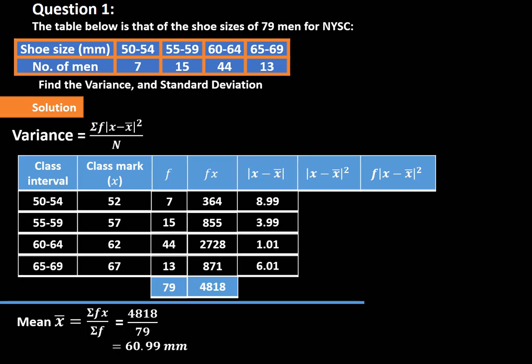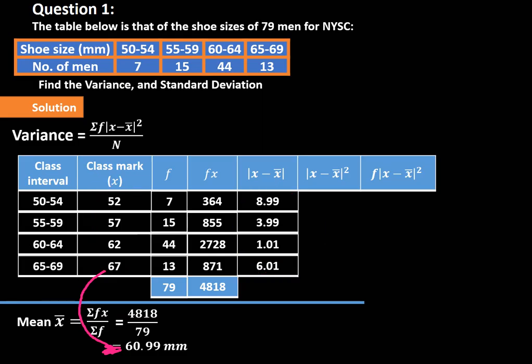Please, I need you to follow me. I'm doing this 67 minus 60.99. That's how I got 6.01. Okay, these are my individual x's. So I'm removing 60.99 from each of them to get this column.